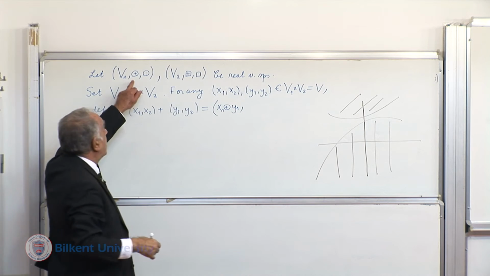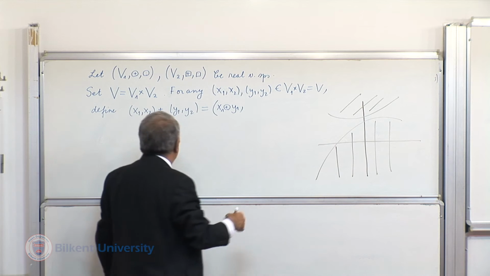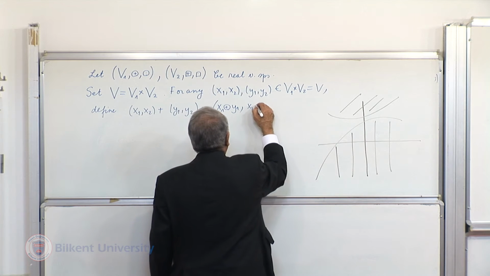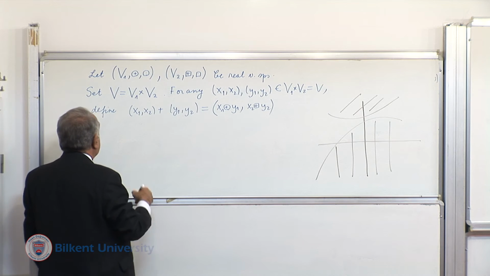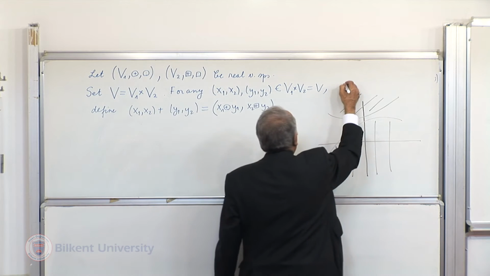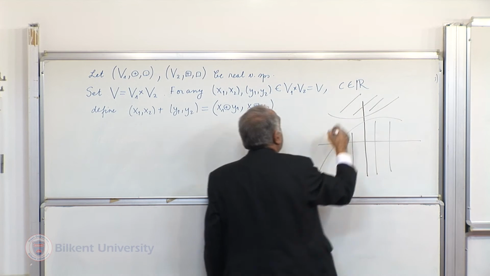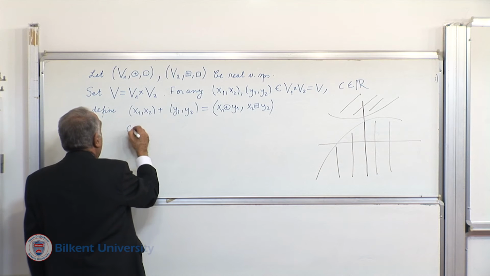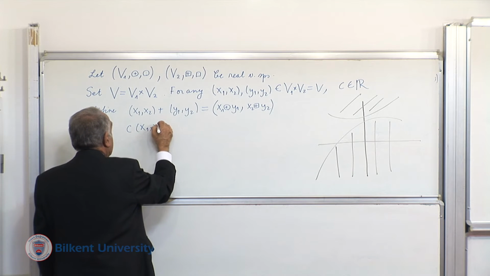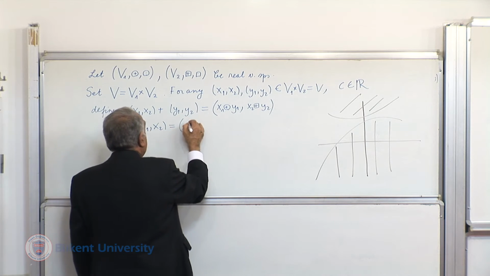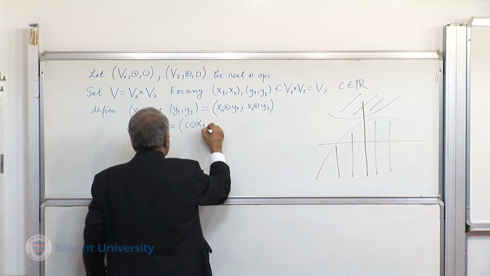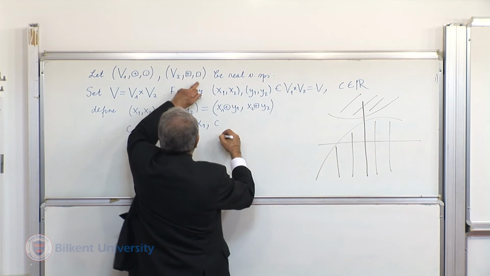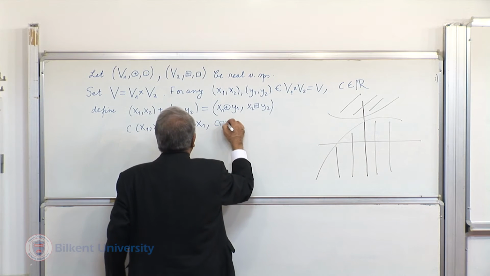We add them according to the vector addition of the first space. x2 and y2 are in V2. We add them according to the vector addition in the second space. And let's take any c in R as well, and define c(x1, x2) as first c, this scalar product with x1, and here c, this scalar product with x2.